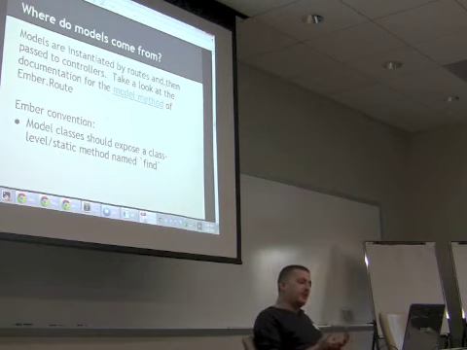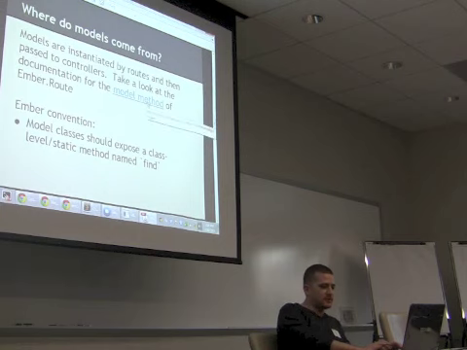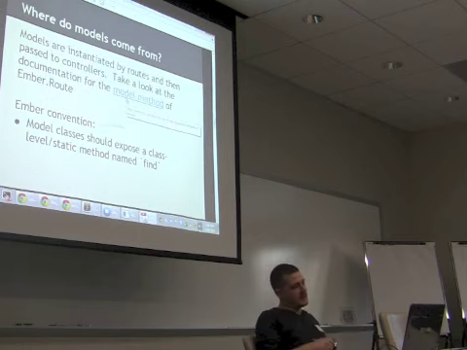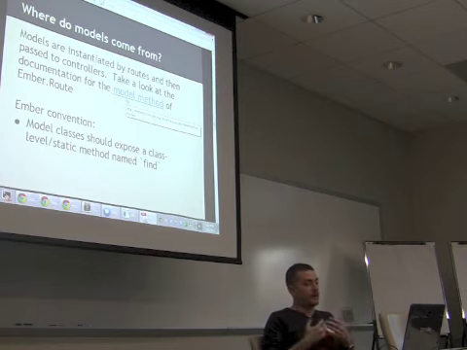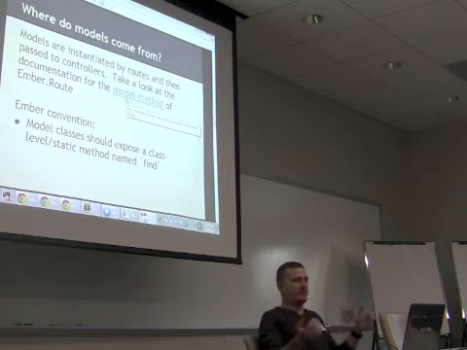So if we look at the source code for Ember, we can see that Ember does some special stuff in the model method of a route. For those of you who aren't that familiar, a page in an Ember application starts out by a route.